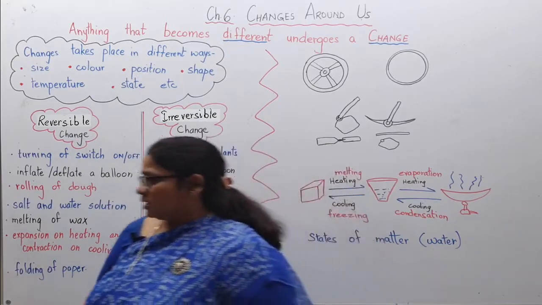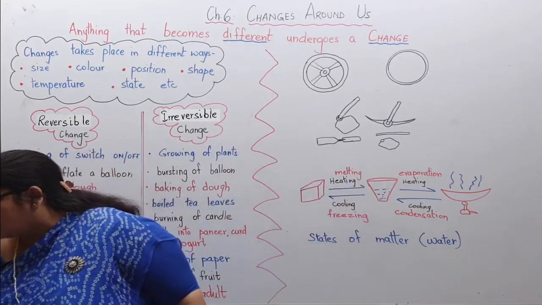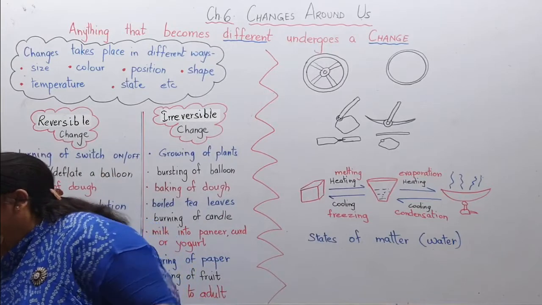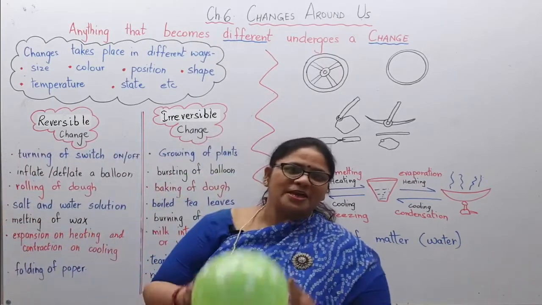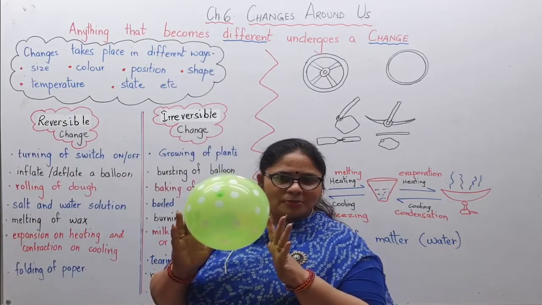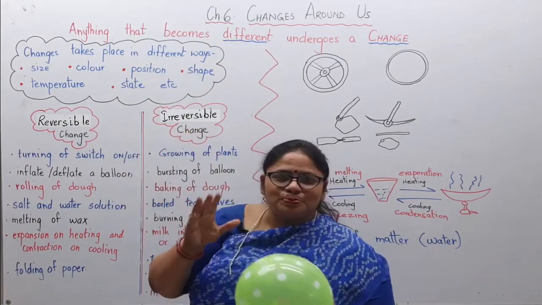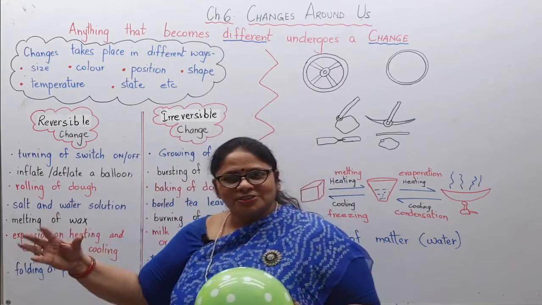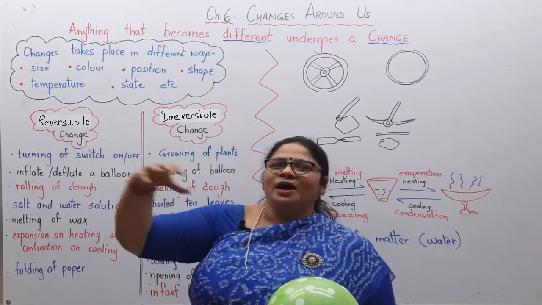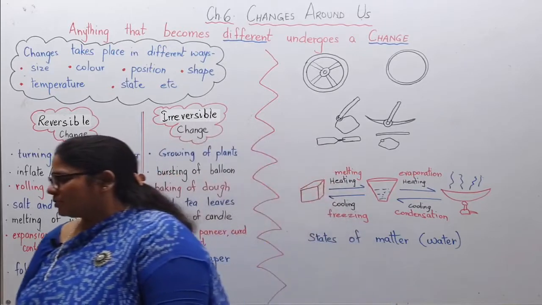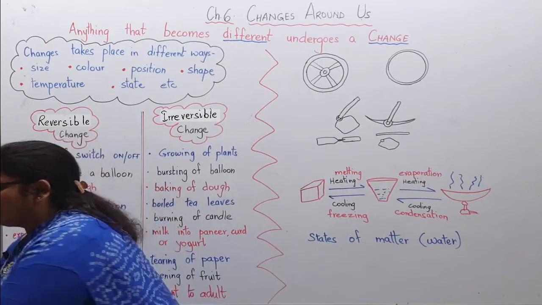Now position. Suppose I have a balloon in my hand, and suppose I push it up, it goes up. So the position of the balloon is changing from one place to another. In the same way, children, you must have seen people climbing to a mountain top.